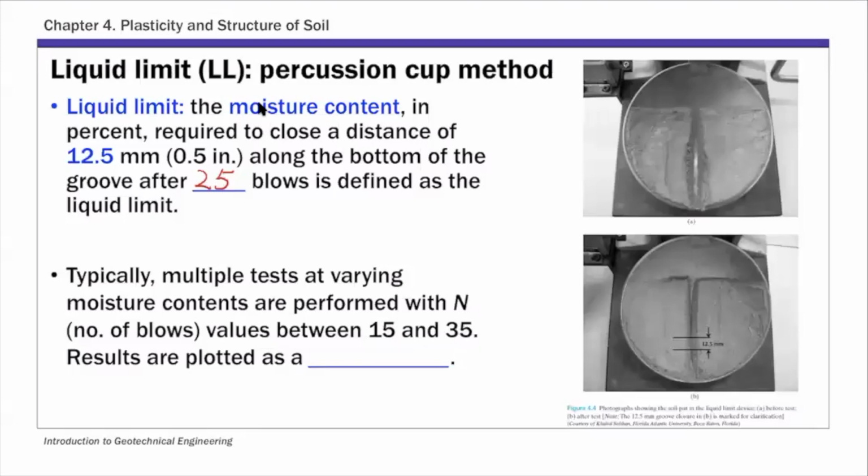So this is called a flow curve. So as shown here, you prepare multiple samples, perform multiple tests at varying moisture content, and you're going to get a different number of blows to close that groove, typically between 15 to 35. And then you plot these results as a flow curve. And I'll show an example of a flow curve.